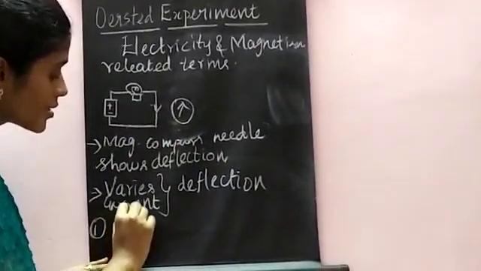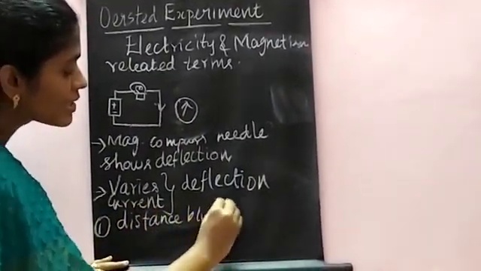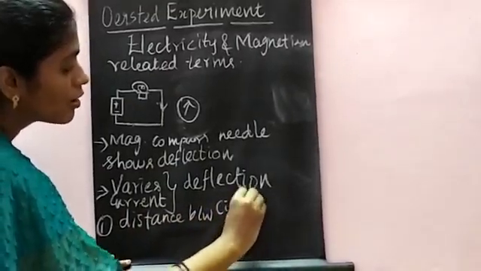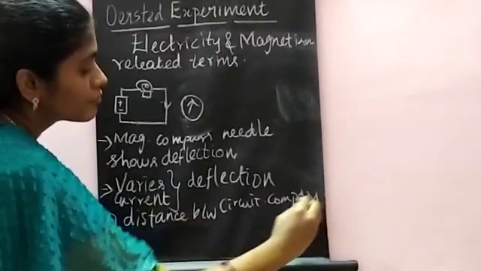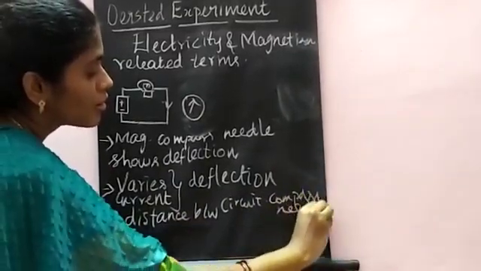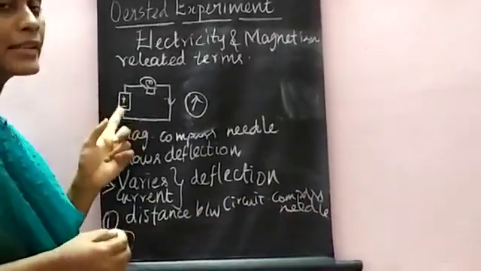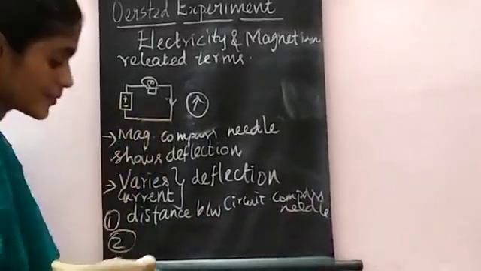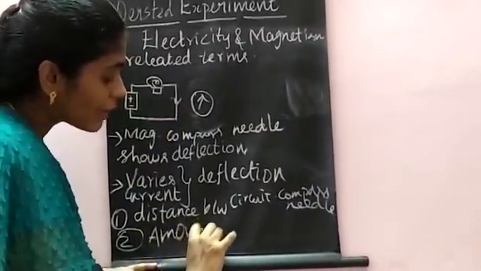The distance between the circuit and the compass needle. Second case, if we vary the current in that circuit, the deflection also varies. The amount of current is also a dependent factor.